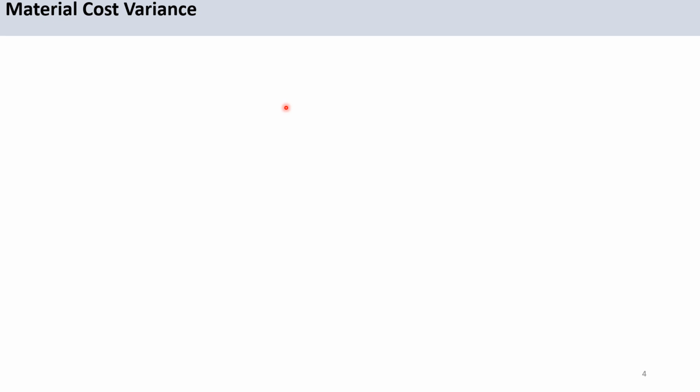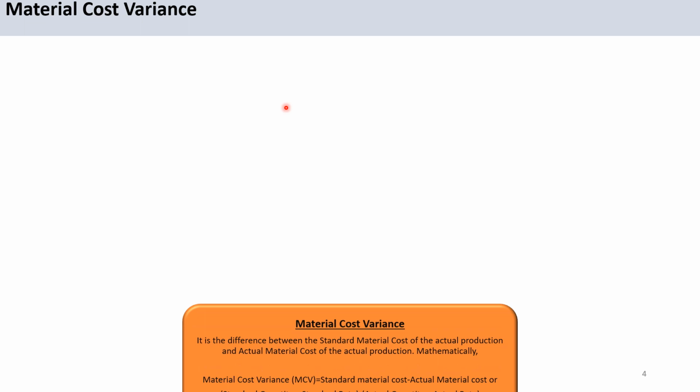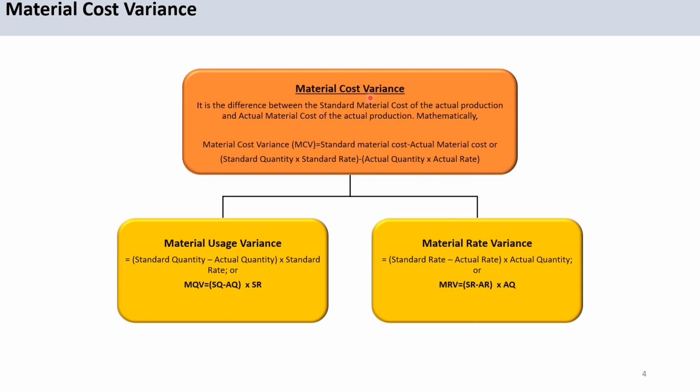First, I will explain in theory and then with some practical examples. So material cost variance, as I said earlier, is the total cost variance, equal to standard material cost minus actual material cost. Or simply, mathematically, standard quantity into standard rate minus actual quantity into actual rate.